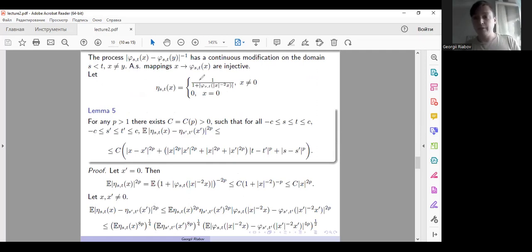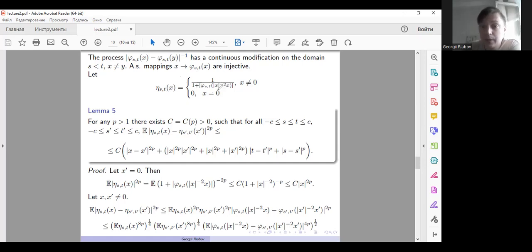Now let's prove that they are surjective. We will do this by considering the process eta, which is equal to 1 over the absolute value of phi evaluated at the inverse point.